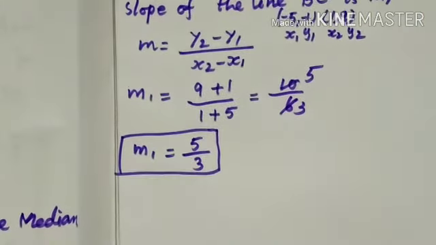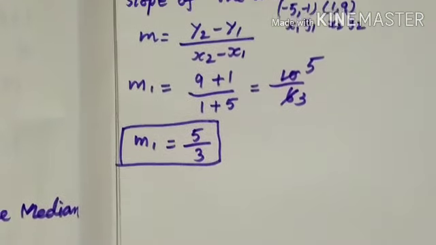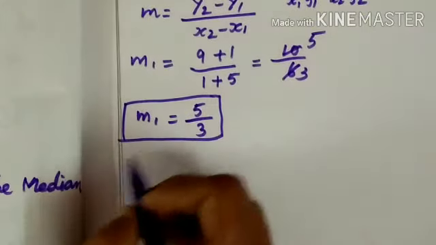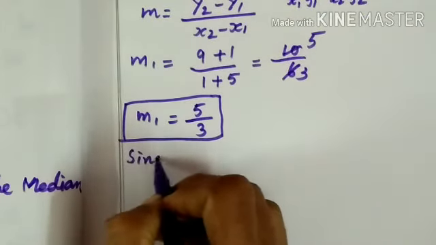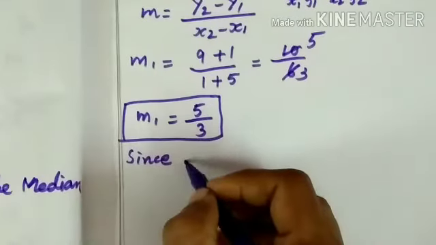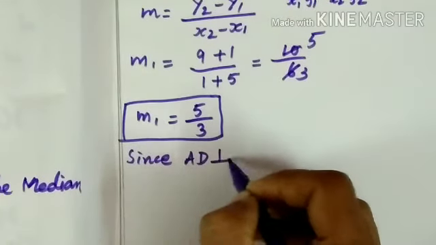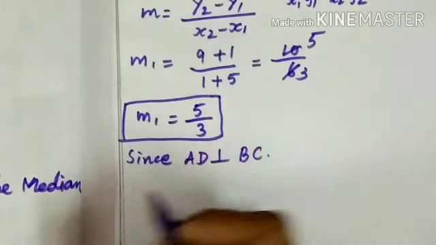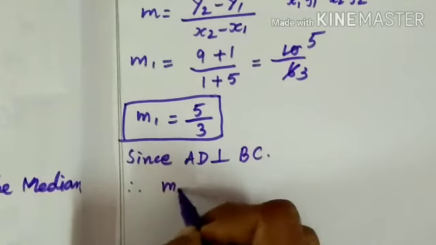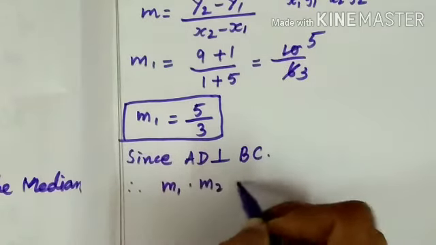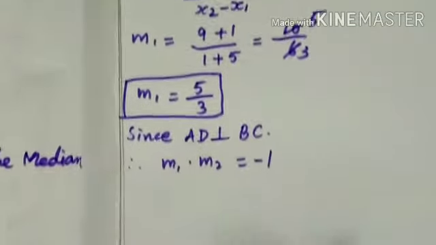But we need the slope of the line AD. Since AD is perpendicular to BC, therefore M1 into M2 is equal to -1.